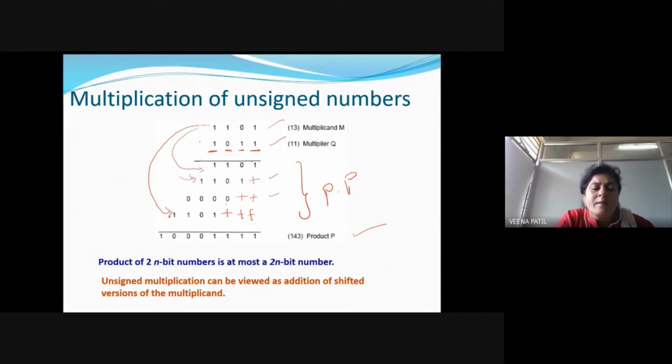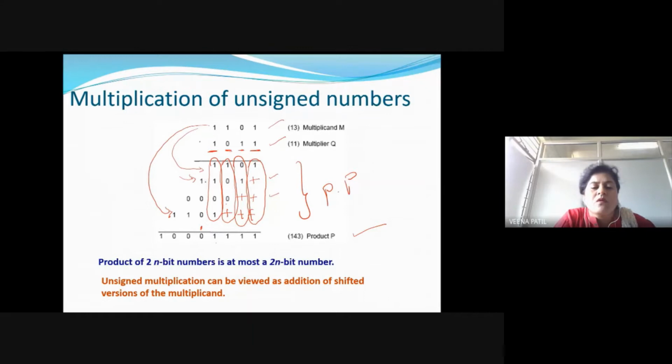Now all these partial products have to be added to get the product. So just go on adding these bits. When I add, I will get 1 here. Similarly, when I add these 2 bits, 0 and 1, I get 1. When I add this set of bits, 1, 0, 0, I get one more 1. When I add these bits, can anybody tell me the answer? 1 plus 1 plus 1 is 3, and 3 in binary is represented as 11, so 1 carry and 1 to write here.